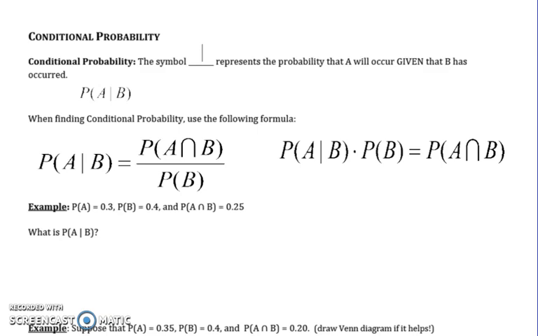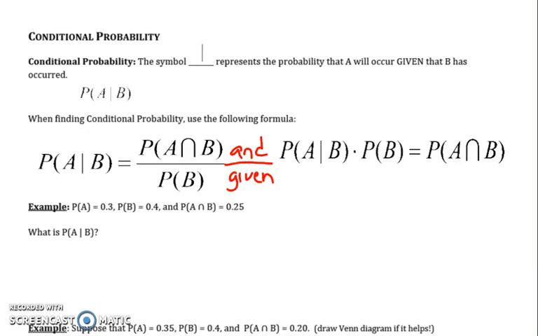That probability is what you're dividing by. So we have the probability of A given B equals the probability of A and B divided by the probability of B. So this is your and divided by your given.